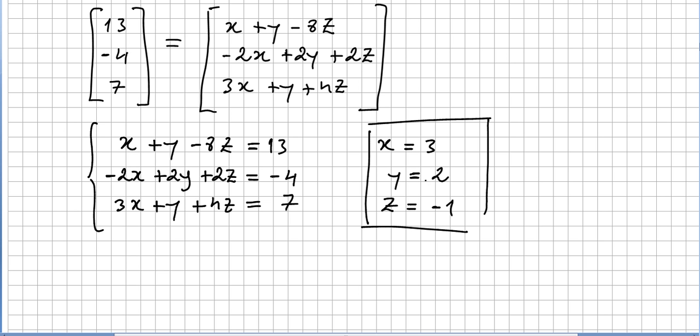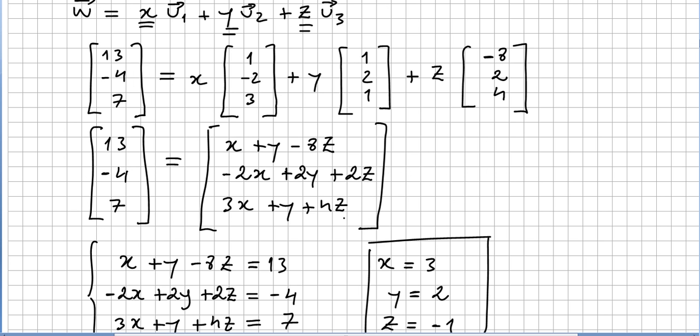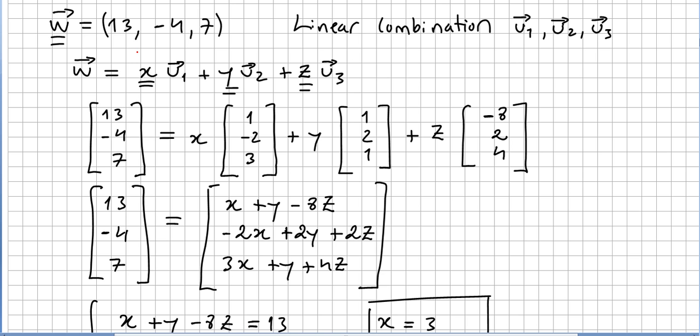If I replace these values of x, y, and z here, I can write w as a linear combination of these three vectors.